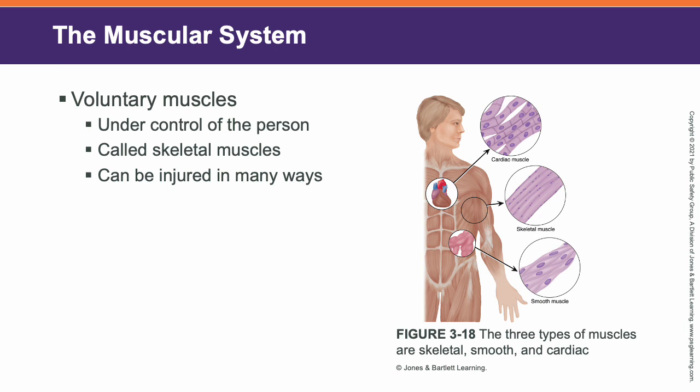Skeletal muscles are voluntary, meaning that you can move them, and they do move quite a bit. They're usually found in joints. They are very vulnerable to injury, okay, because as humans, we're not always the smartest cats out there, and sometimes we do things we shouldn't, and we can cause damage to them.